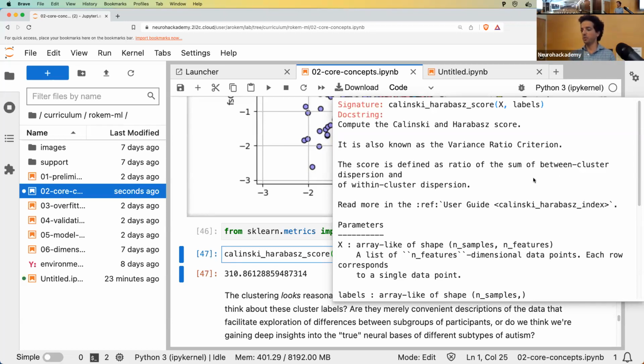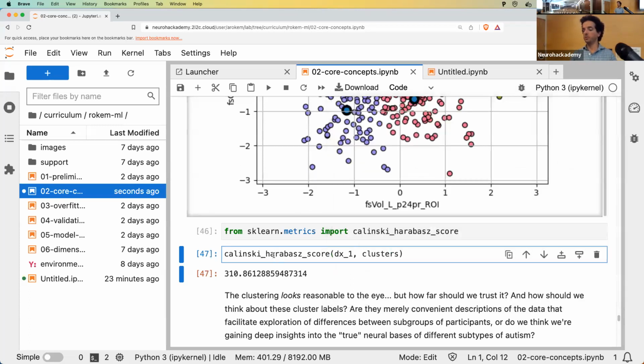And so the higher the number, the better. And you can calculate that for different numbers k and see where it peaks. I'll say also you can do even better and fit your clusters to some of the data and then predict some other of the data and calculate there. That would be true cross-validation. And then you can calculate Calinski-Harabasz on this left-out data.